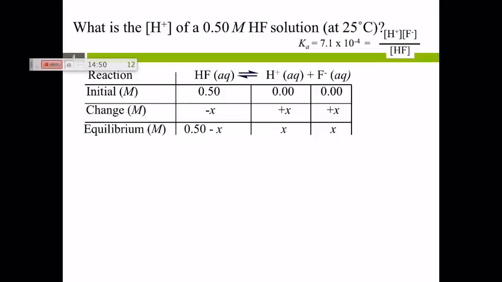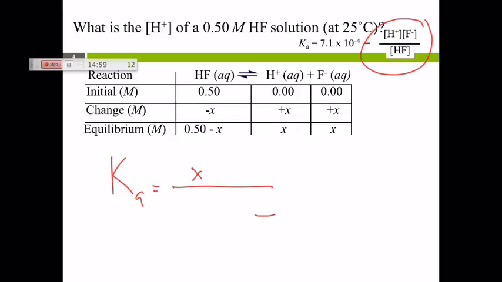Salma? To get X, don't we just do X? Why would we do that? Okay, so I'm going to extrapolate what you said. We already said that Ka is equal to the concentration at equilibrium, right up here in the corner, of H plus times F minus, divided by the concentration of HF at equilibrium.